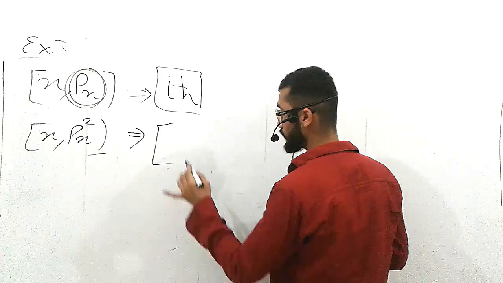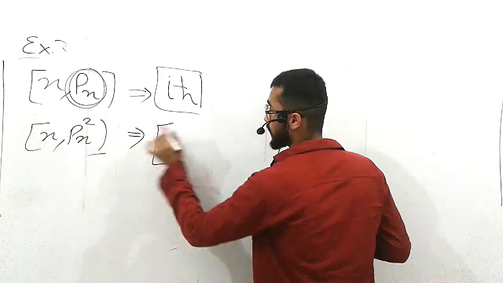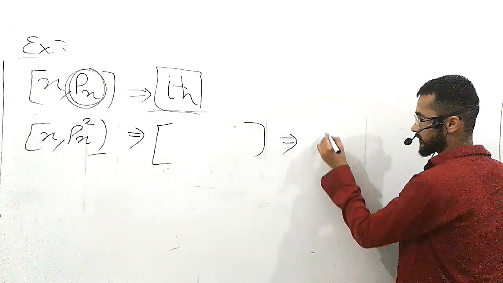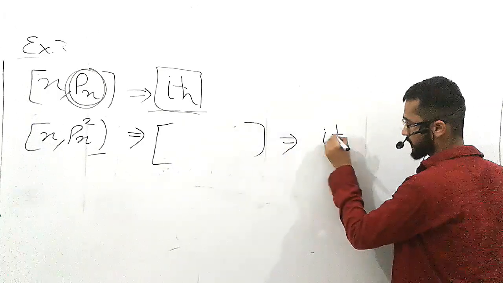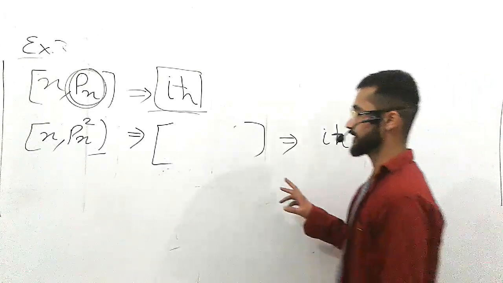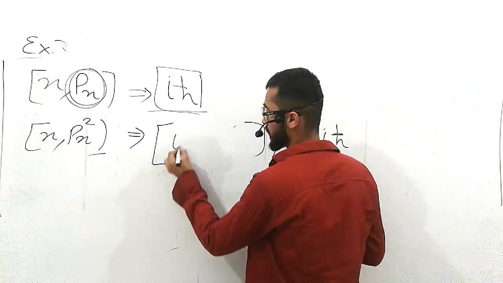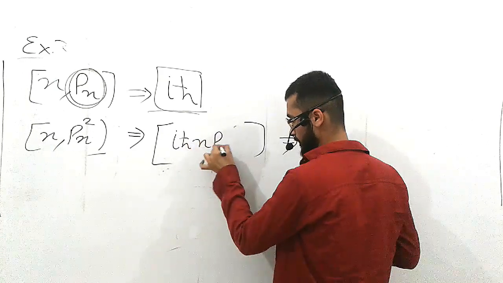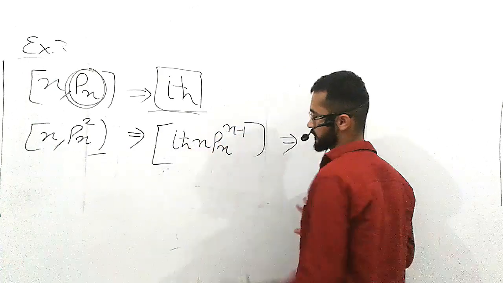Look, iota h cross will remain here, and I will say iota h cross n px power n minus 1.